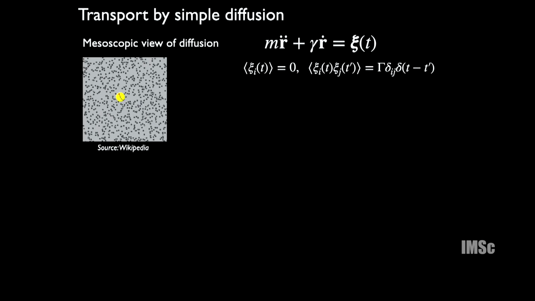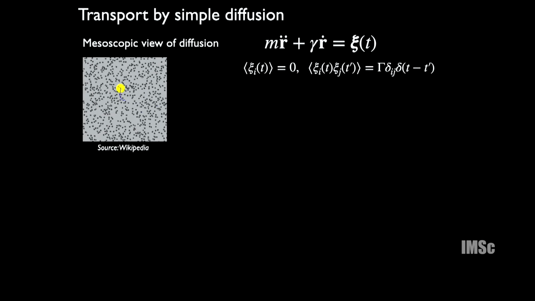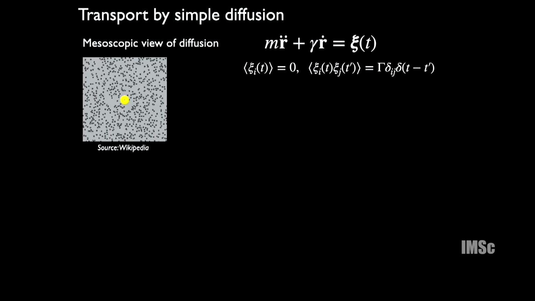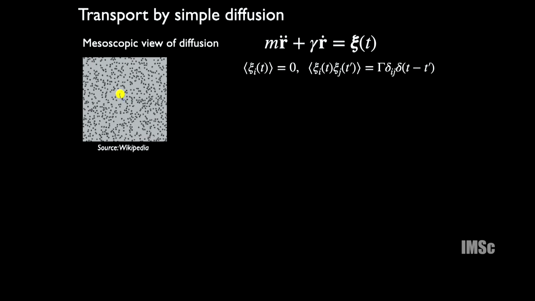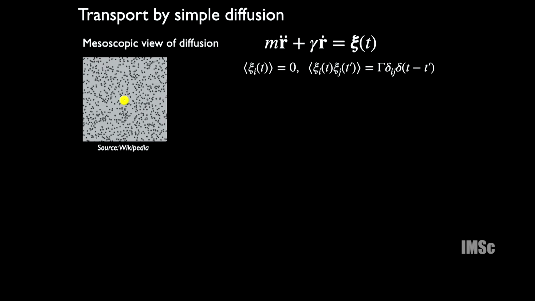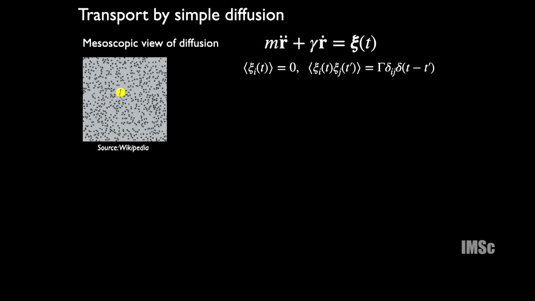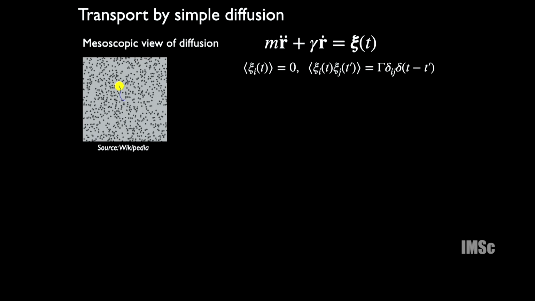If you think of a fluid which is very dense, which is highly viscous, then this is basically the viscous drag. This comes from frictional forces, because every time it tries to move in some direction, it feels drag forces because of the background fluid.